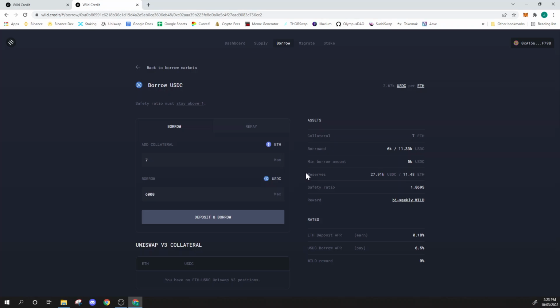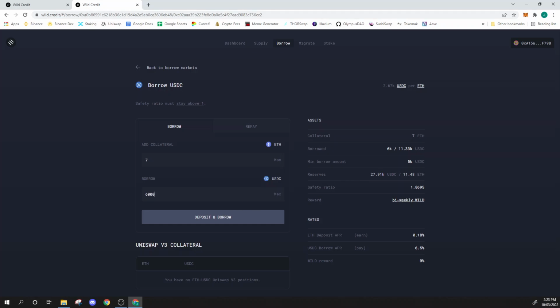An important feature as well is understanding the reserves of the assets within the Ethereum and USDC lending pool. So we can see currently the reserves are 27,000 USDC with 11.5 Ethereum. Typically in money market platforms, we can only borrow to the amount that is available within the reserves. And if we are looking to borrow large portions of that reserve, we will get stung with higher interest rates.